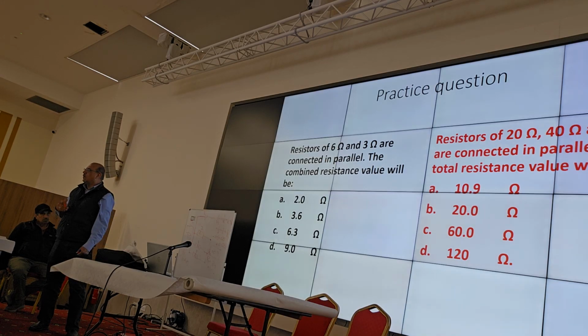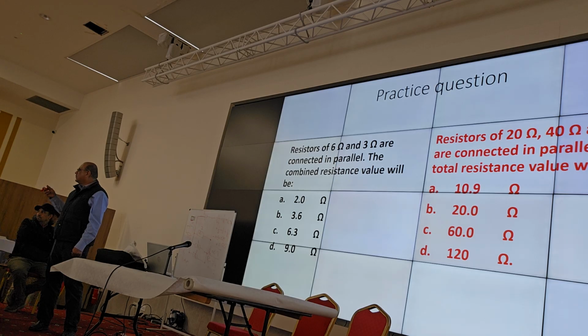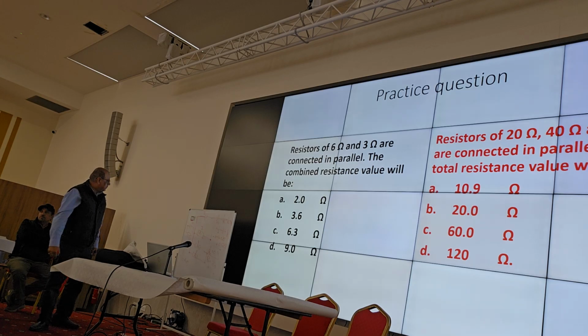Is everyone okay? Have you done the calculation? Is that 3 ohms? It's 2 ohms. Yes, everyone okay with 2 ohms? No? In a series circuit, you add up. In a parallel circuit, you divide.